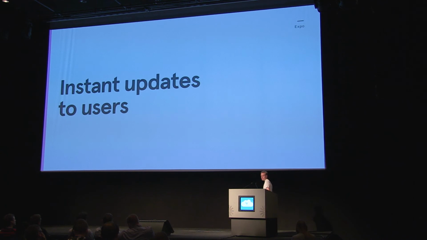So traditionally, the only path to get changes to users has been submitting a new binary to the app stores. And Apple used to take up to a week reviewing each new submission, so it used to have a huge impact on the development.